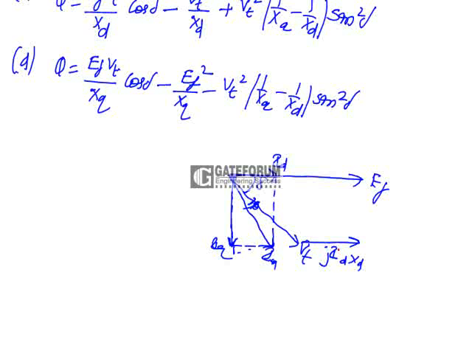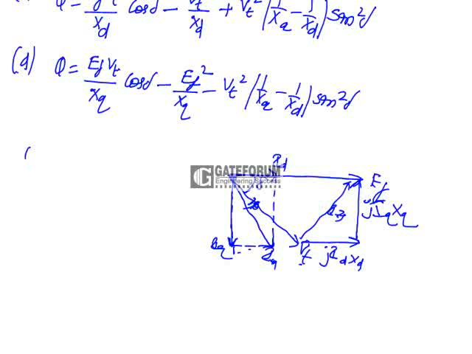You can say this is j times Id into Xd, as well as j times Iq into Xq. So the induced EMF E is the resultant of the terminal voltage Vt plus the drop of I into Zs.